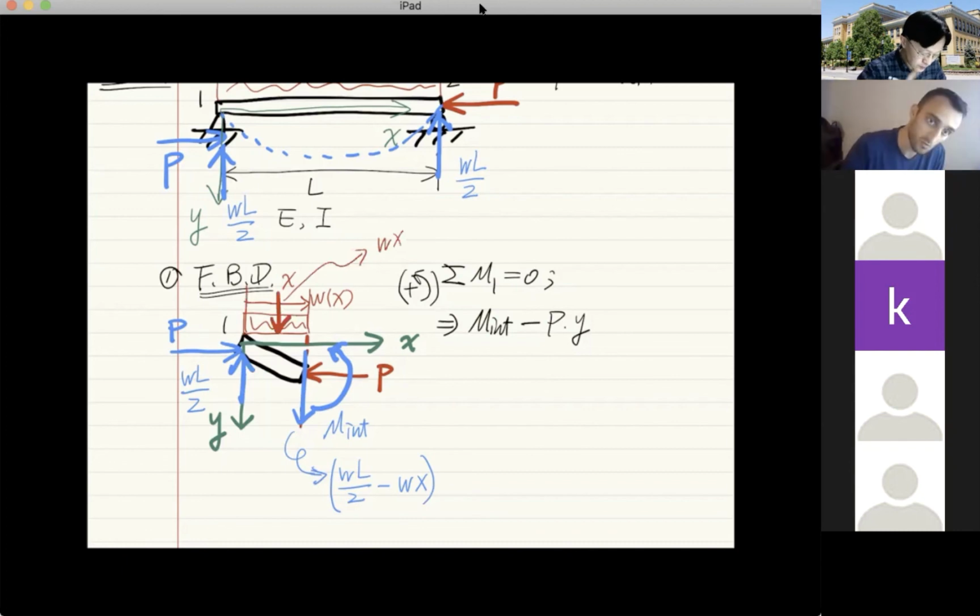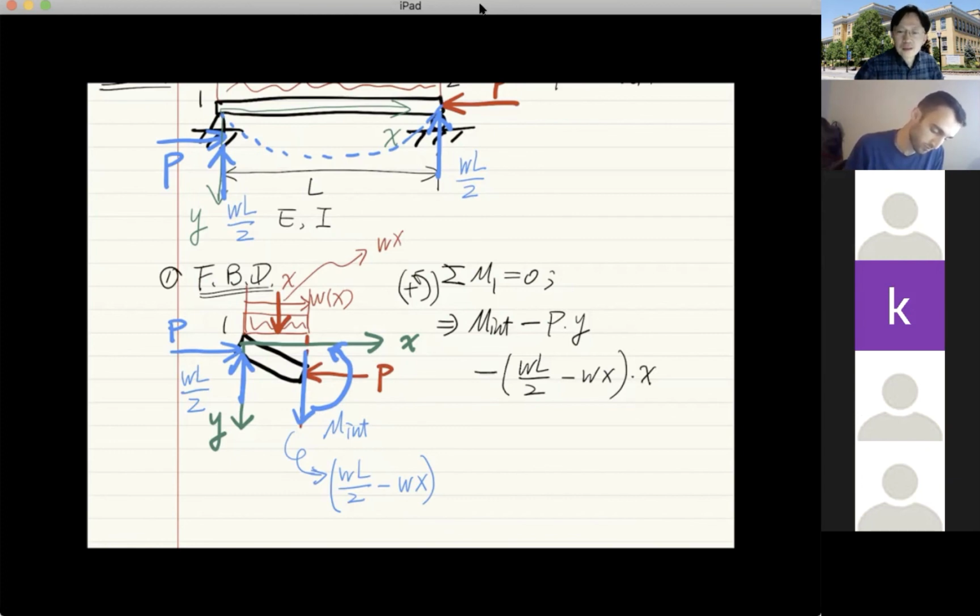So you will write this part as minus the force, WL over 2 minus Wx, times x, right? That's force times distance, correct? So that's one moment.